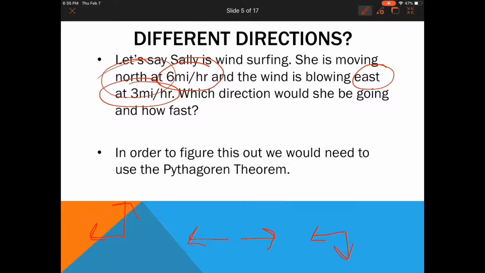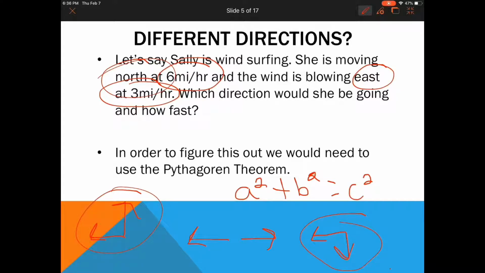Well, in order to figure this one out, we would have to use the Pythagorean theorem. And I'm not going to require you to know this. This was just to answer any questions if somebody wondered what would happen if it went this direction.